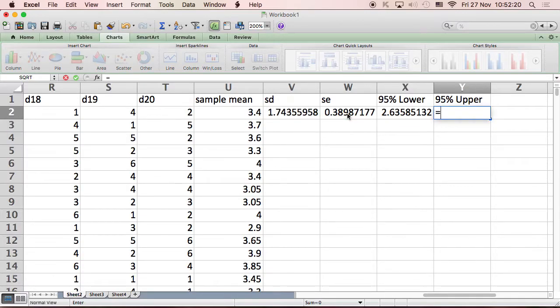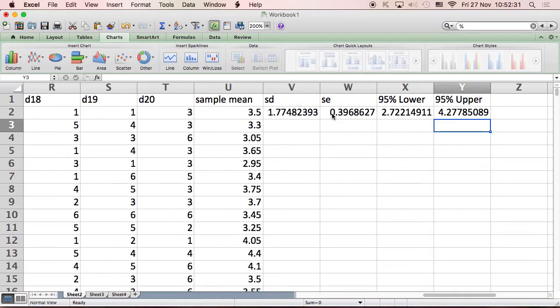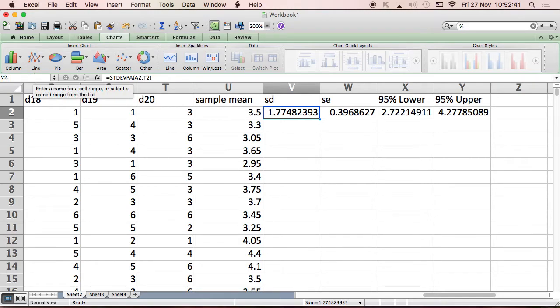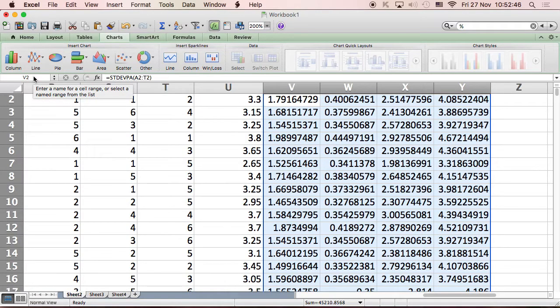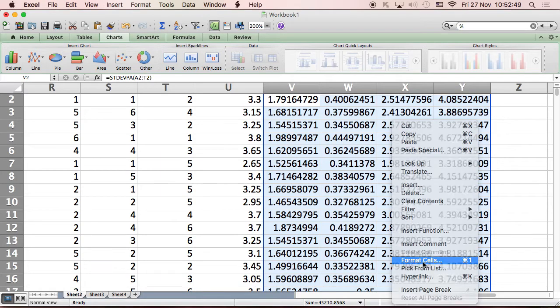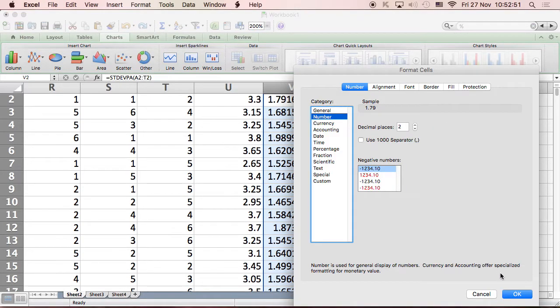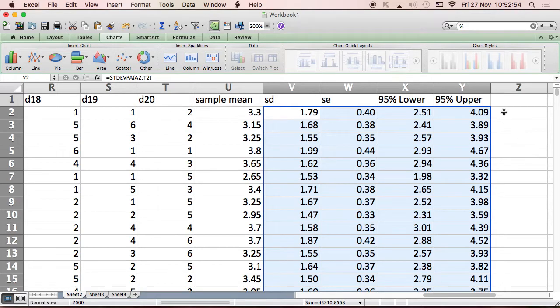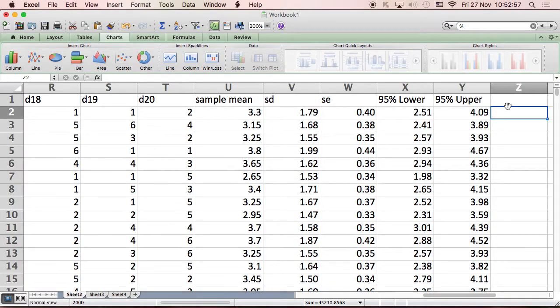Similarly, the upper is equal to the sample mean plus 1.96 times the standard error. Okay, and then you can repeat it for all the other cells. By using the name box and Command D, you should get something like this.